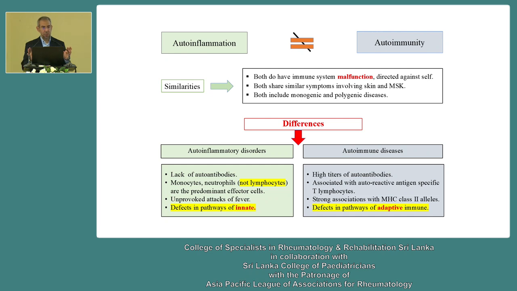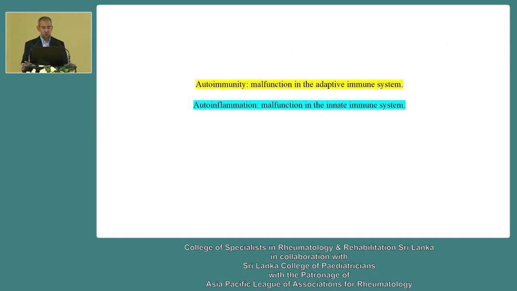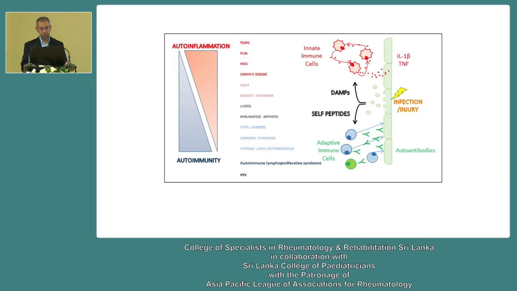Now, these are the main differences between the autoinflammatory and autoimmune disease. So if we need to summarize it, autoimmunity is a malfunction in the adaptive immune system, while autoinflammation or autoinflammatory disease is a malfunction in the innate immune system.